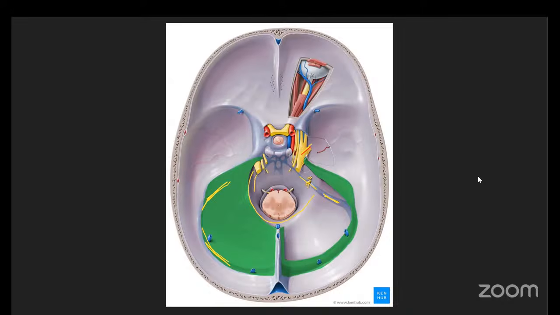Fifth. And which is this one, right along the trigeminal? Third. It's the third nerve. And then what is this? Below them, abducens.